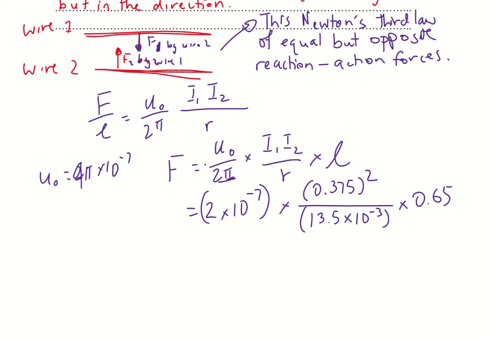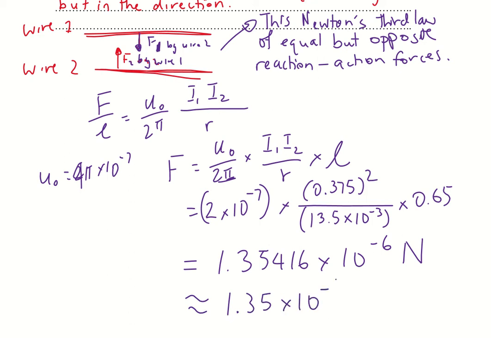Put it into your calculator. And we get a value of 1.35416, so times 10 to the minus 6 newtons. If we want to round that off to 3 sig figs, that'll be our answer there.